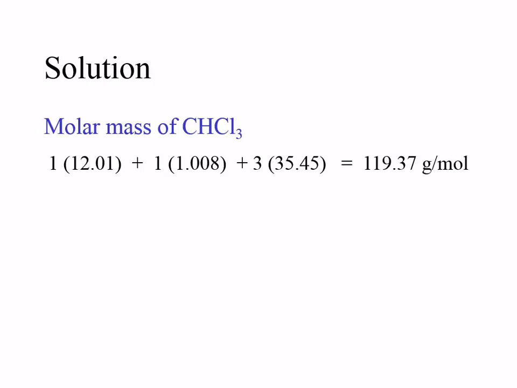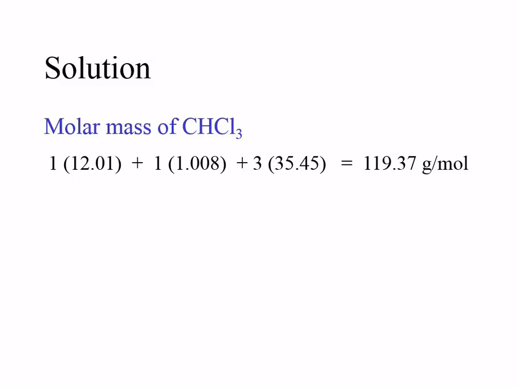So we take 1 times the decimal number for carbon, which is 12.01, plus 1 times the decimal number for hydrogen, 1.008, plus 3 times the decimal number for chlorine. That's kind of getting a heavy little sucker. 35.45.